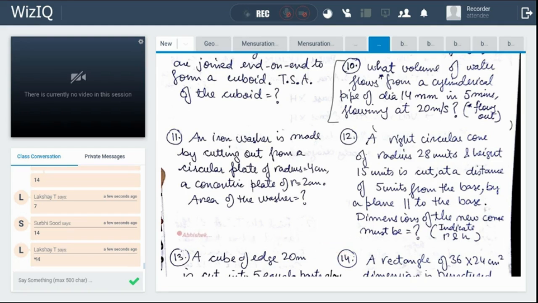So maybe what I can recommend, sorry, in question 10, change the seconds to minute. 20 meter per minute. Change this to per minute. Let's make this a realistic question. Otherwise, it's going to give you a huge value. Please change this into 20 meter per minute.